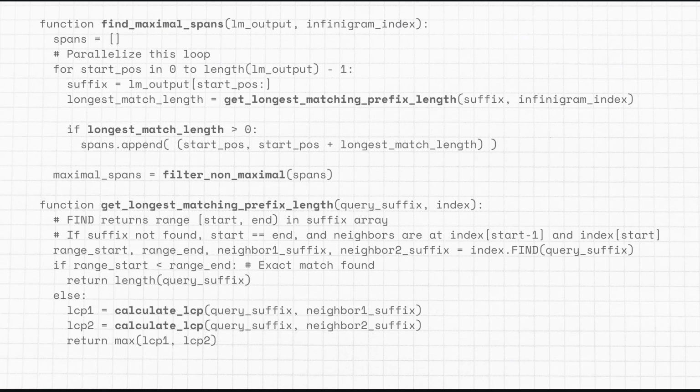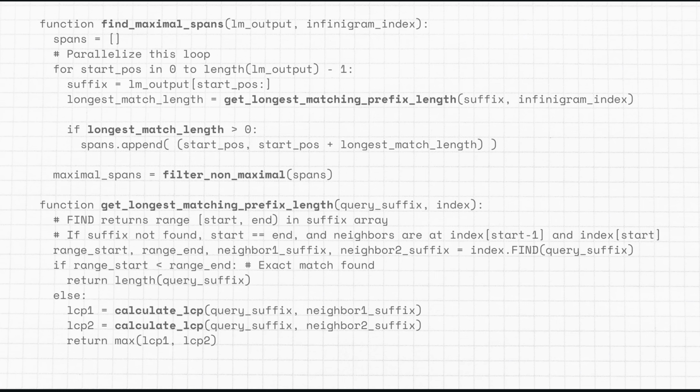This search happens in parallel across all starting positions, giving us many overlapping spans where content matches the training data. The final step filters these to keep only maximal spans, which means those not contained within larger matches. The result is a precise mapping of which segments in the model's output directly correspond to memorized training data versus which are novel generations.